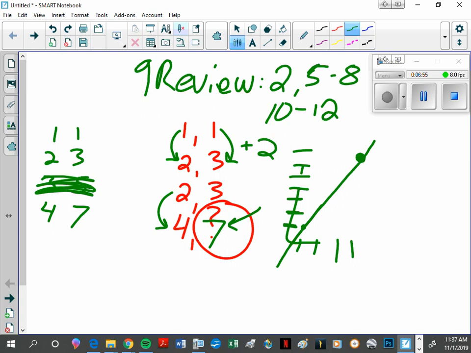Right there. So there's 1, 1, 2, 3, and then 4, 7. Does that make sense? Hope so. B. So we have the point 1, 1, the point 2, 3, the point 3, 4, and the point 4 what?